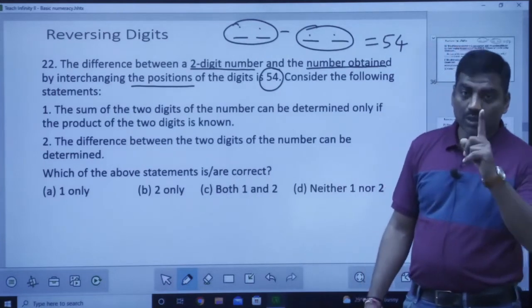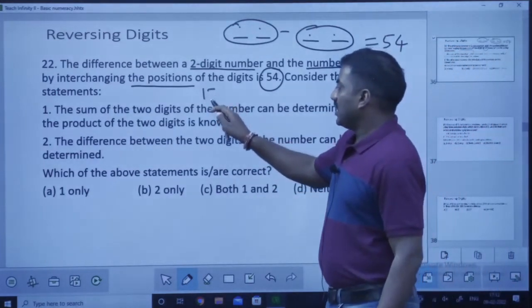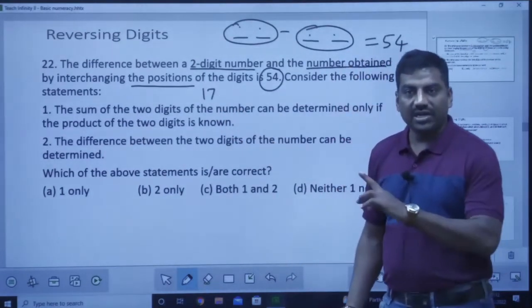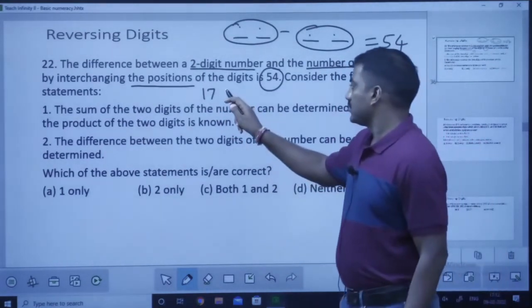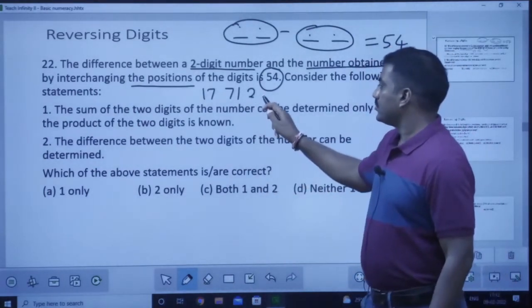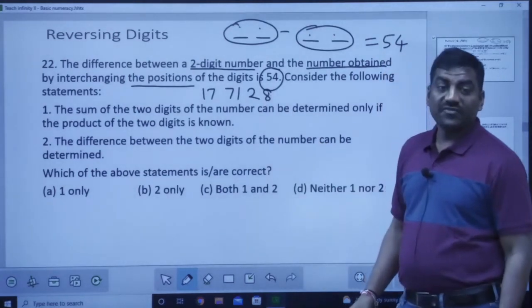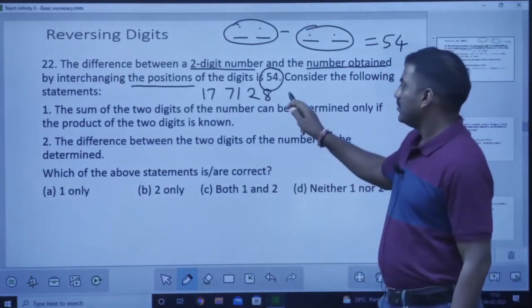Start always with 1. 17 is one number, and quickly reverse it. Take 2. Difference. Reverse it.